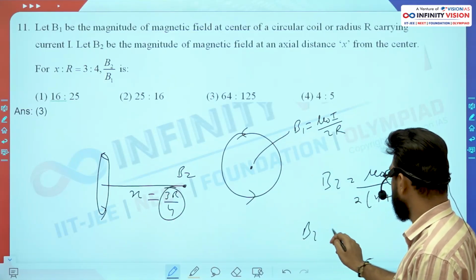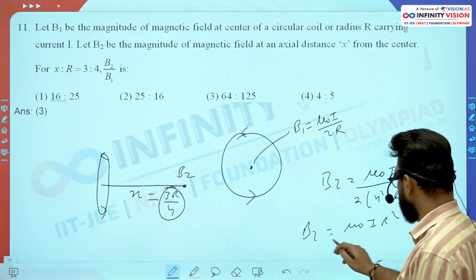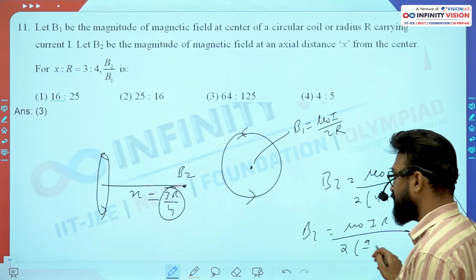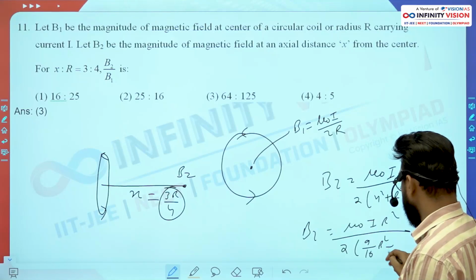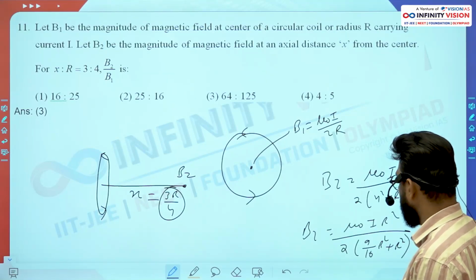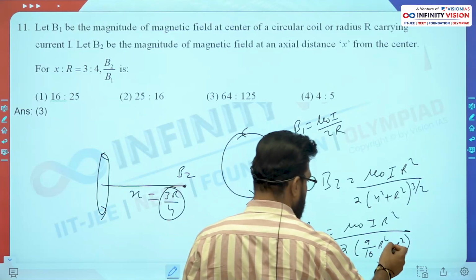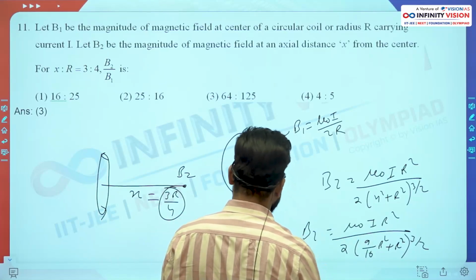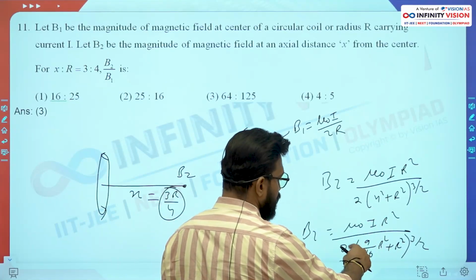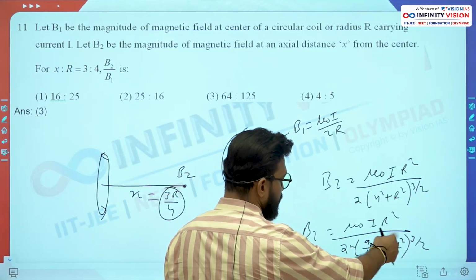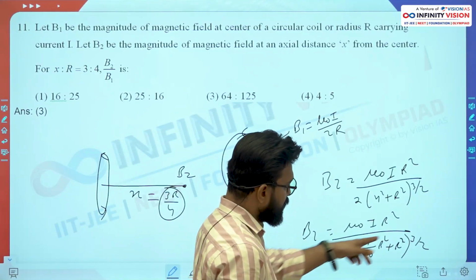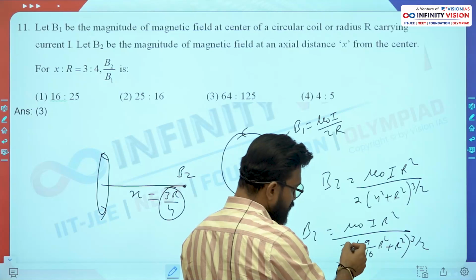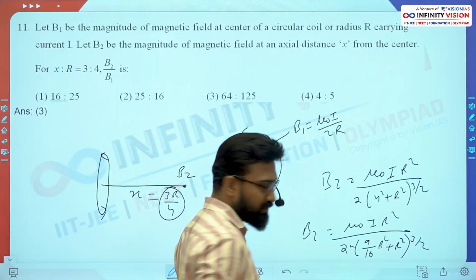So B2 comes out to be, squaring both the sides, 9 by 16 R square plus R square to the power 3 by 2. You can take R square out, and this would be R cube, and then again R square and R cube, from which you will get R in the denominator.